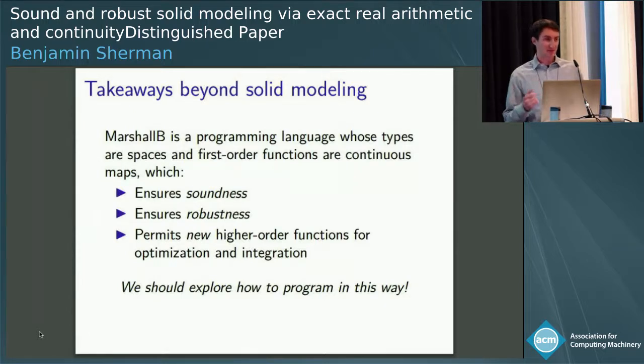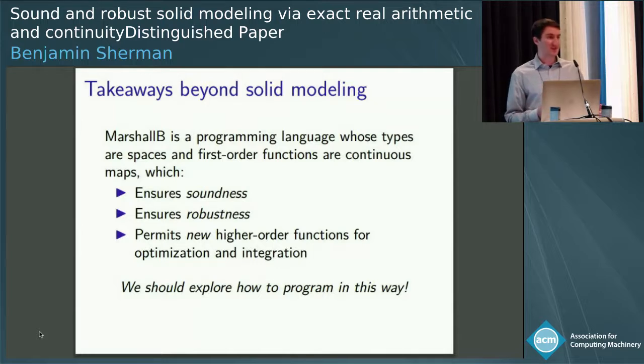So we've seen, first of all, we get soundness, which is great in comparison to things that are not sound. But we also get robustness. You can think of robustness as being, if I have an unobservable change in the input, I get at most an unobservable change in the output. That's essentially continuity, but it's a nice property to have.